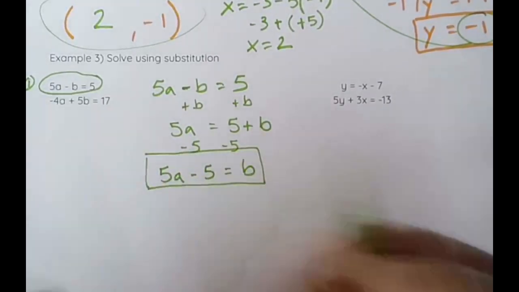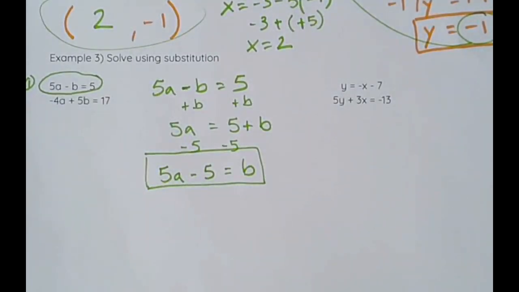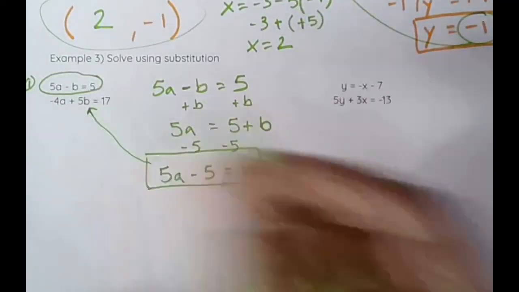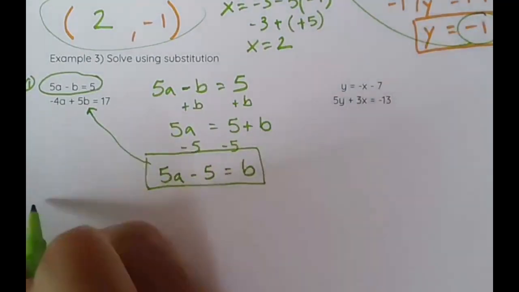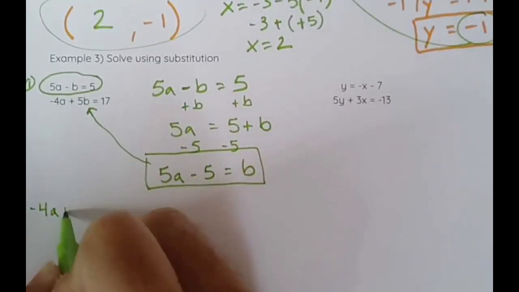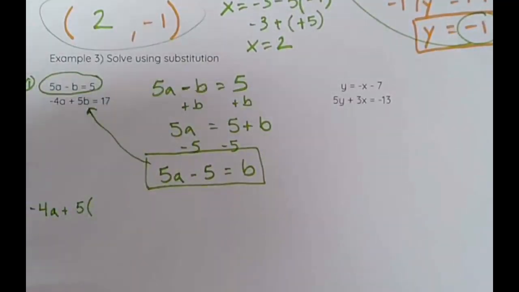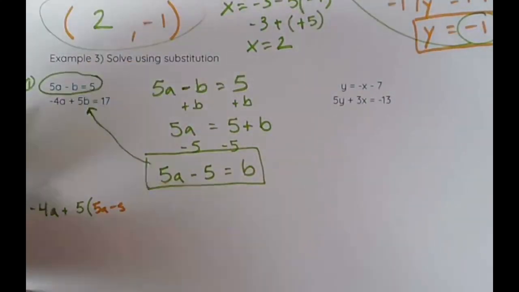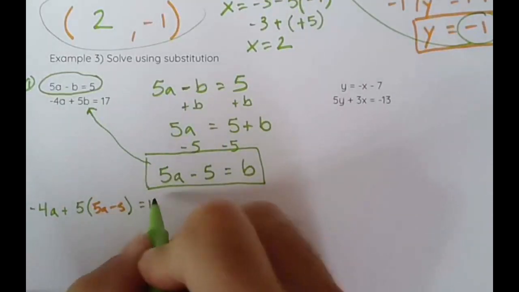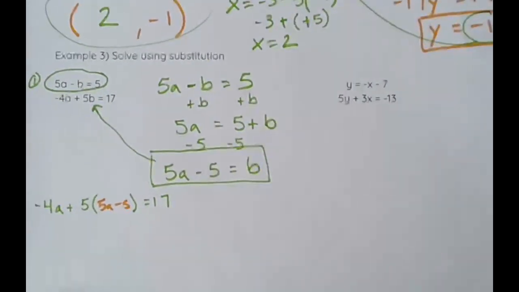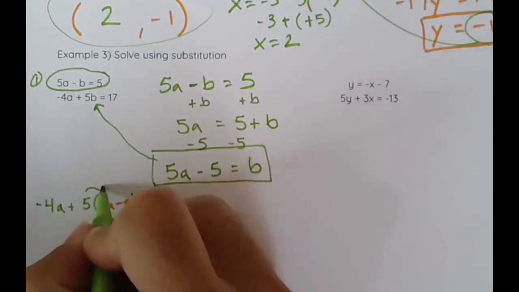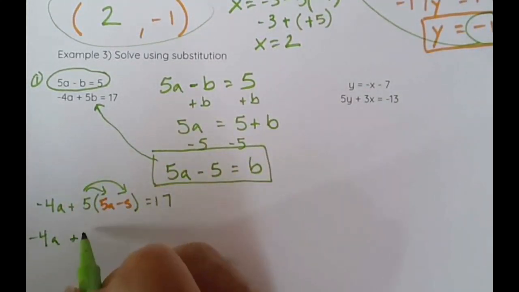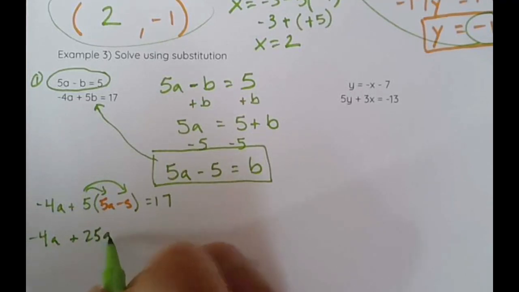Now that I have something equal to b, I can substitute that in for b in my other equation. So what that looks like is negative 4a plus 5 times b, and b is now 5a minus 5. Distribute negative 4a plus 25a minus 25 equals 17.